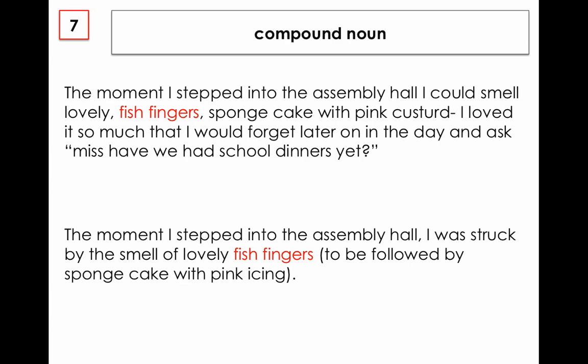Lovely fish fingers, lovely something. And then we've got the second item, which is sponge cake, actually another compound noun. And that's it, two items in this list. And that means that we'd have to rethink the commas in the first sentence and maybe put an and in. I could smell lovely fish fingers and sponge cake. Okay.